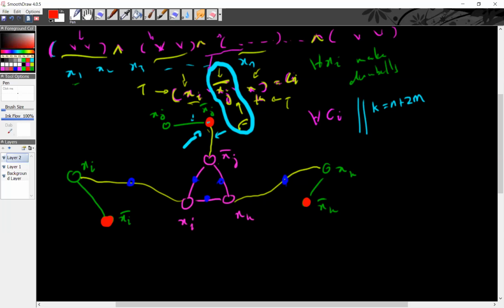This yellow edge right here has been covered by a dumbbell node, so we don't have to worry about it anymore. These 2, on the other hand, are kind of concerning for us. The clause is satisfied, and I want a cover from this part of the graph. So I should put this node here in the cover and this node here in the cover. Then you will realize that these edges are covered and this edge is covered.